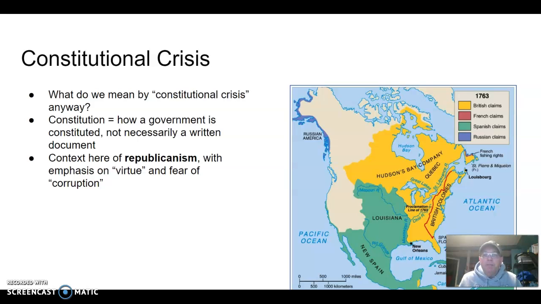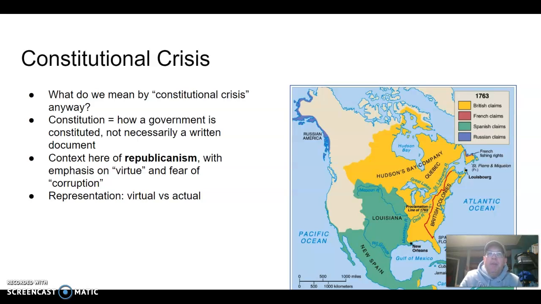And what's worth noting here is, another thing is, there are conflicting theories of representation at this time. The British government sees representation as a virtual thing. It doesn't matter how many seats there are in Parliament, everyone is virtually represented. They don't have districts and numbers. When Parliament meets, it represents everyone.